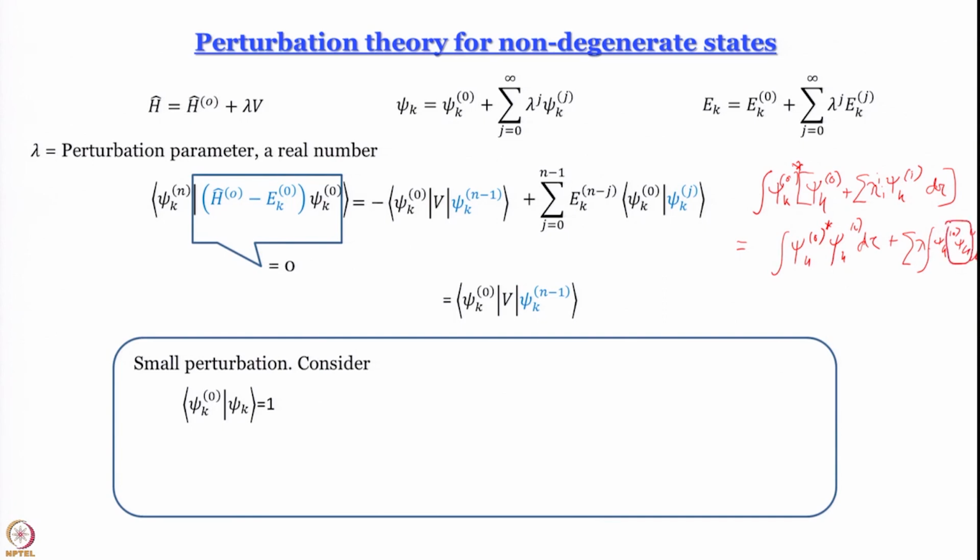Now remember this is small. So we might as well neglect this term, and this we set to be equal to 1, because the normalization constant for the entire wave function psi k has to hold. So we consider integral psi k 0th psi k to be equal to 1.